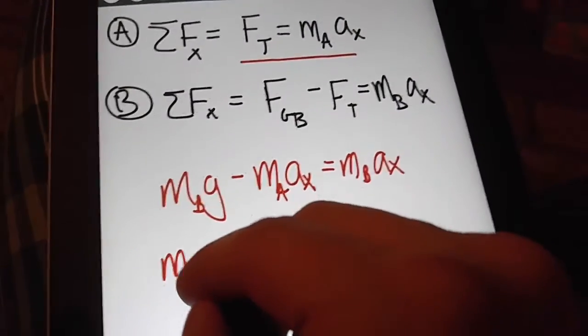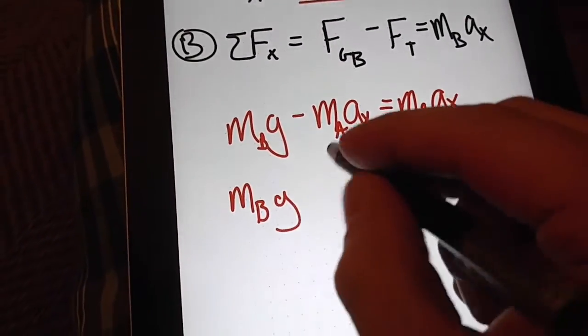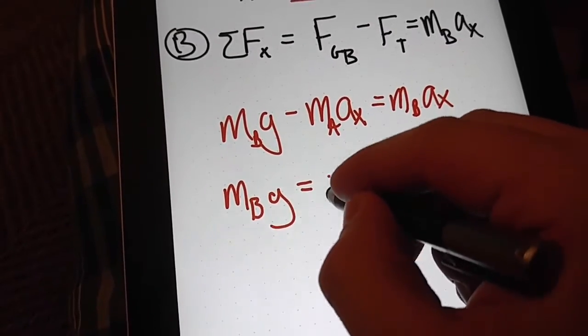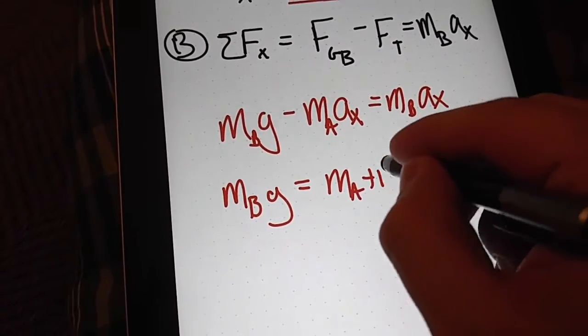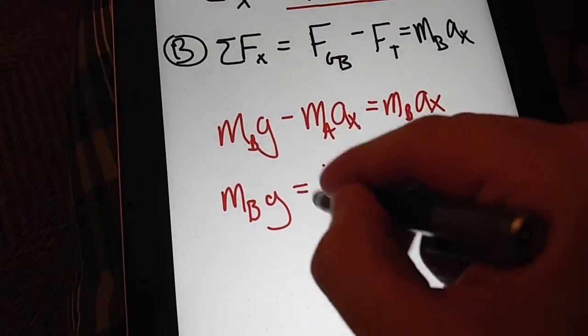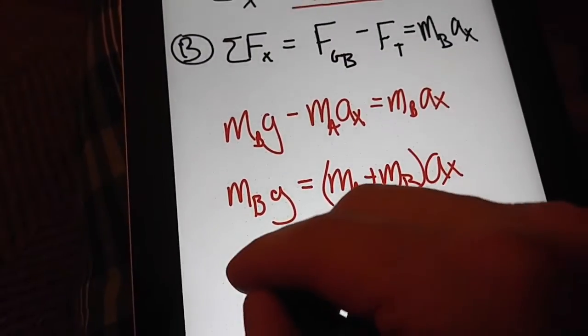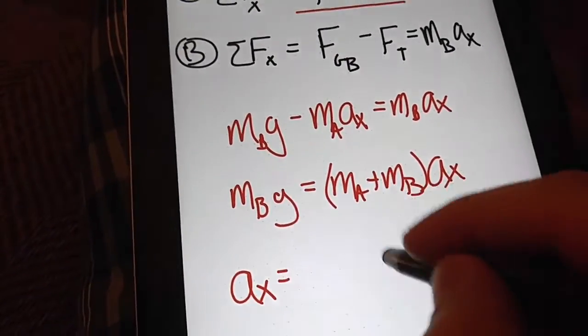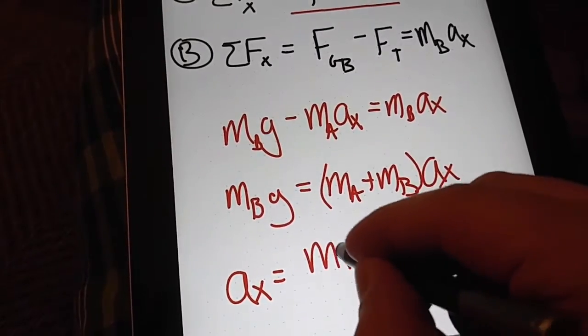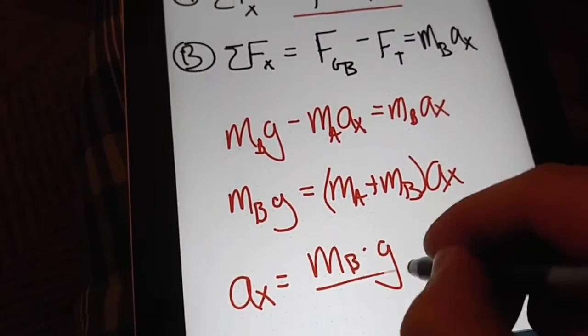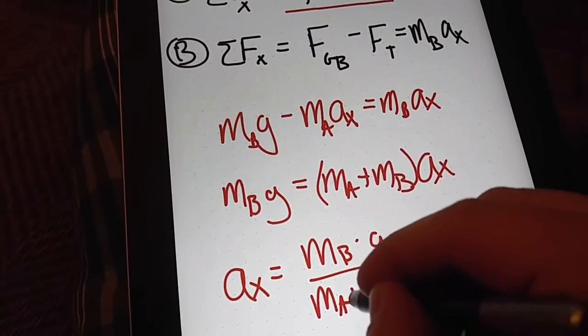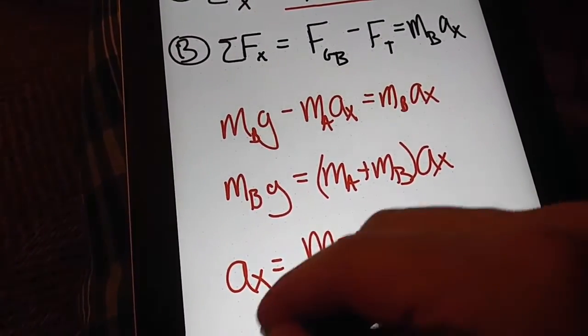So that means that mb times g is going to equal the mass of block A plus the mass of block B times ax. So my acceleration in the x direction is simply going to be the mass of block B times g over my total mass ma plus mb.